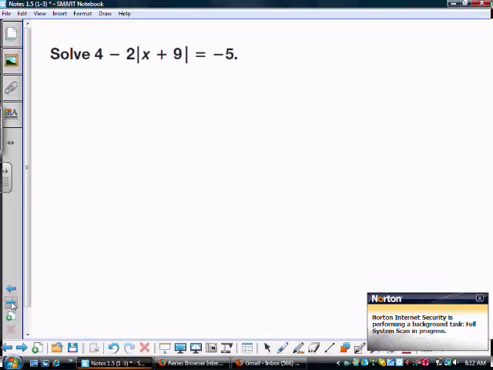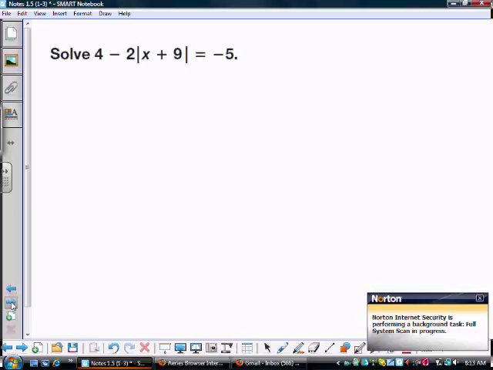So this one doesn't look too different than the previous one, but it looks like there's a few more steps going on here. So the easiest thing that I want to do with my absolute value is try to isolate the absolute value to one side of the equal sign, get everything else on the other side of the equal sign, and then try to solve as we did before.